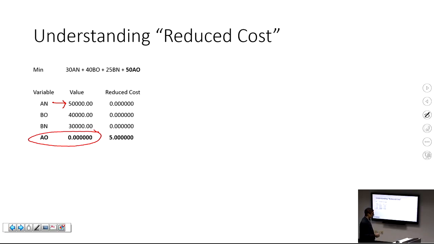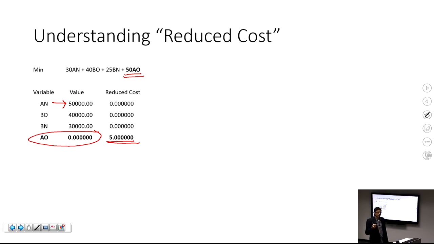This is a minimization problem. So if somehow you can reduce the cost of making product A on the old production line, then you will start making product A. And that is what the reduced cost tells you. Reduced cost is telling you that your objective function needs to improve by that amount so that this variable will start to appear in your solution.